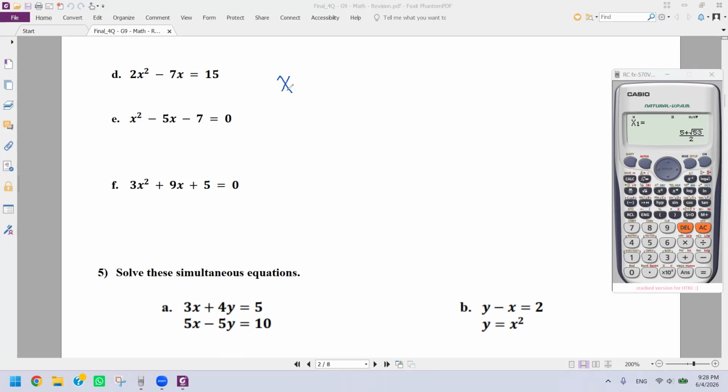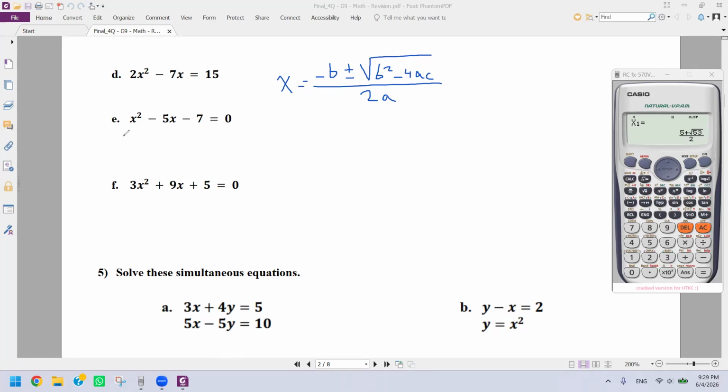For x1 and x2, it's minus b plus or minus, because x1 will be plus, x2 will be minus, square root of b squared minus 4ac, over 2a. So this is the quadratic formula that can be used to solve any quadratic equation.